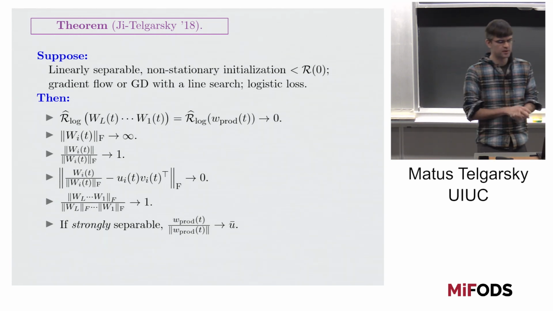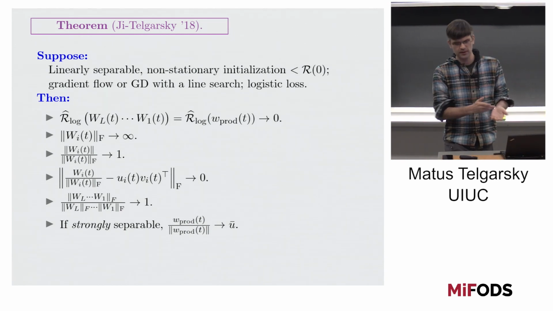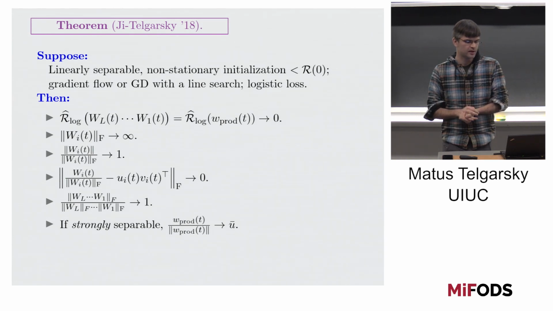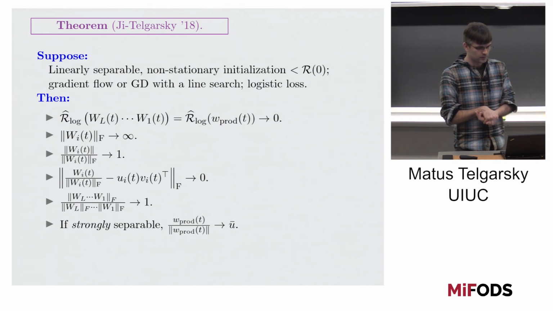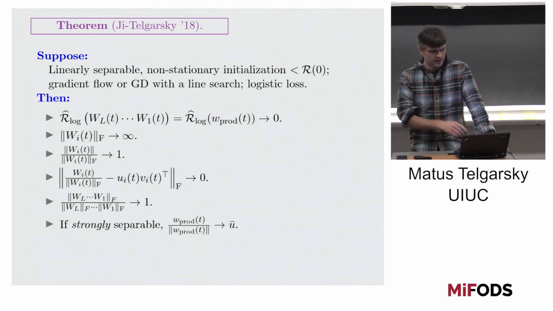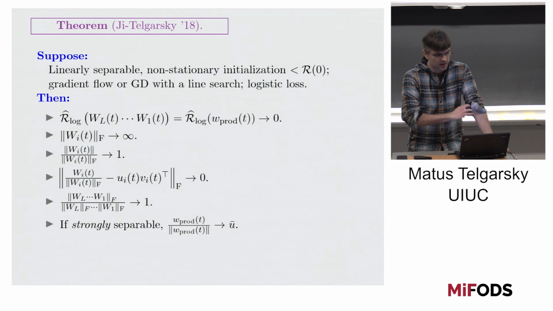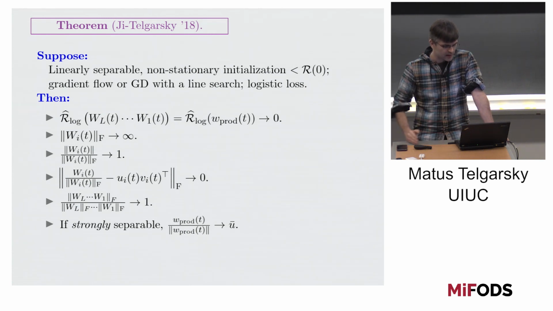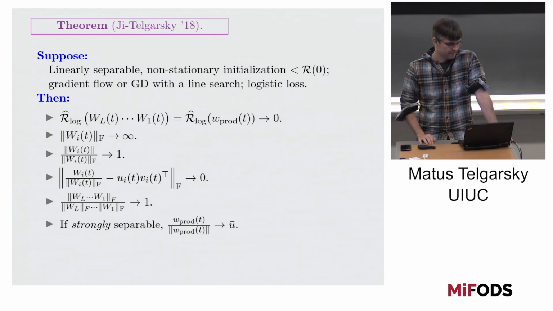So we're not doing random initialization. You can get to this with a couple of random initializations, but we're just assuming that you start with a risk that's better than the 0 predictor. Non-stationary means that you don't start at a saddle point. And this holds either for the gradient flow or gradient descent with a very small decreasing step size and the logistic loss. Those are the assumptions.